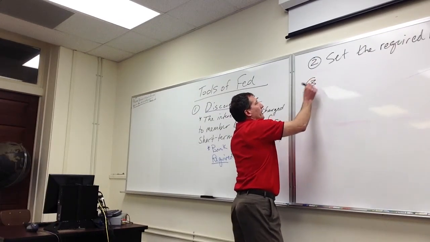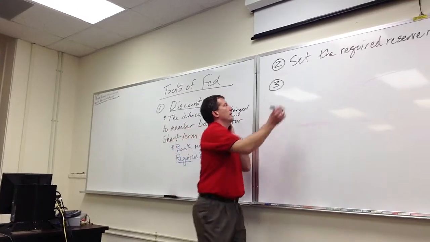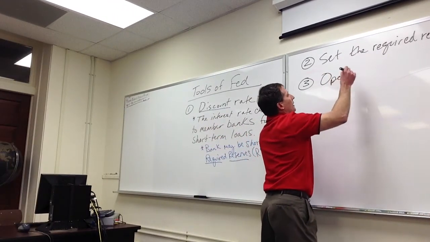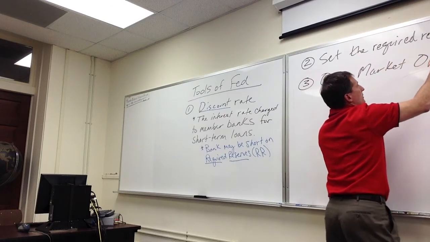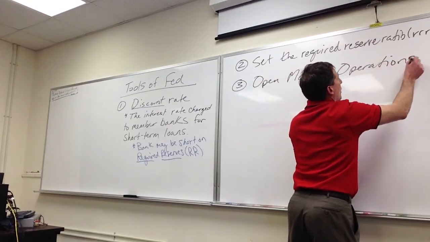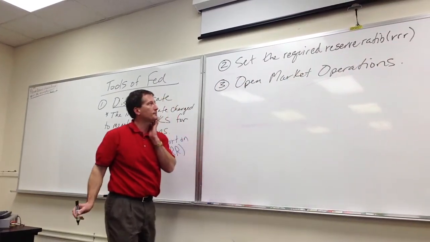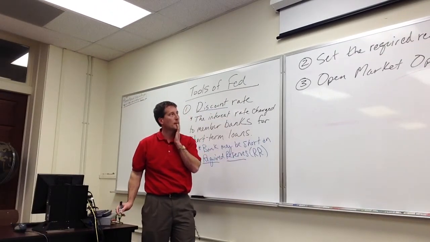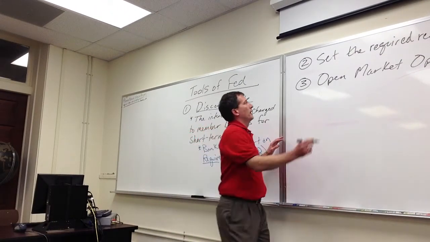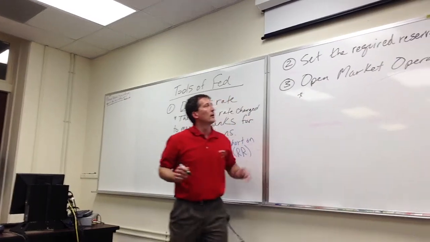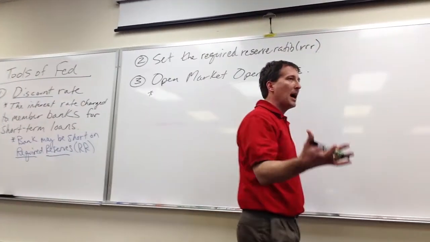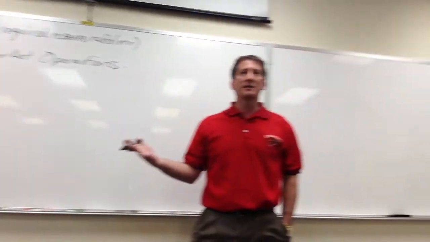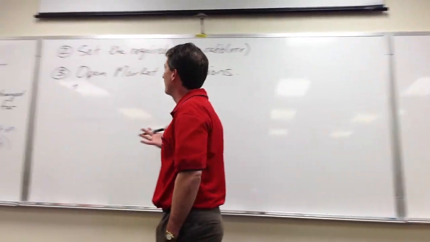And then the last tool is the one that's used the most frequently. And that is open market operations. What the Fed's doing here is either buying or selling bonds in the open market.